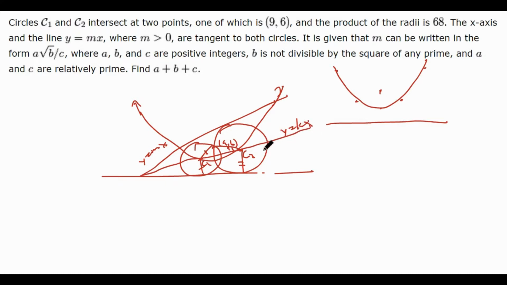Before using this line, some of you might be questioning whether the line that goes through the centers of C1 and C2 actually goes through the origin. This is easily explained because C1 is a homothety of C2, or the other way around, with center at the origin.